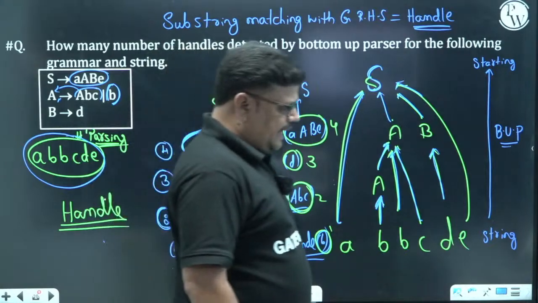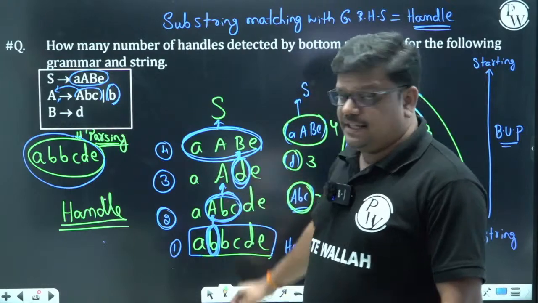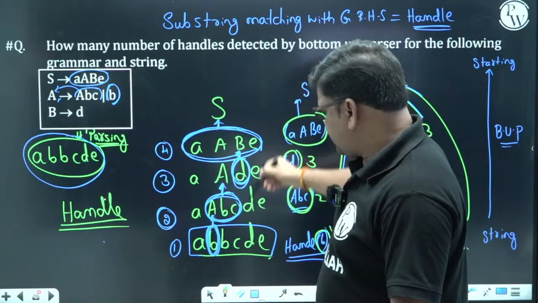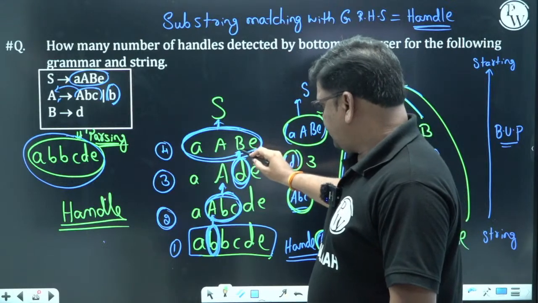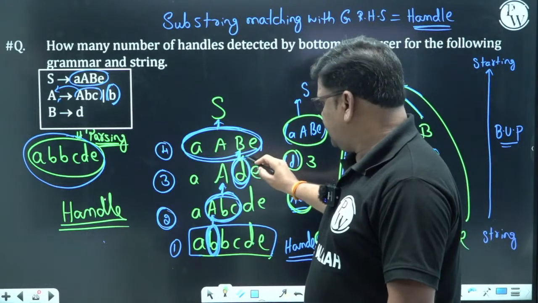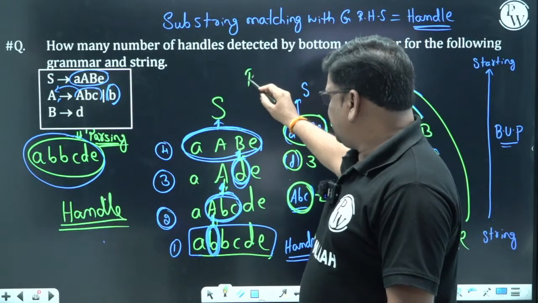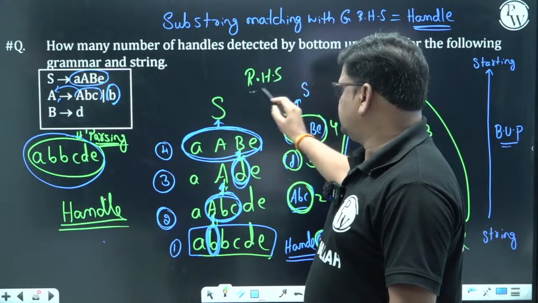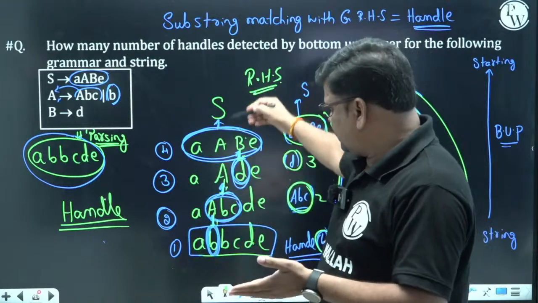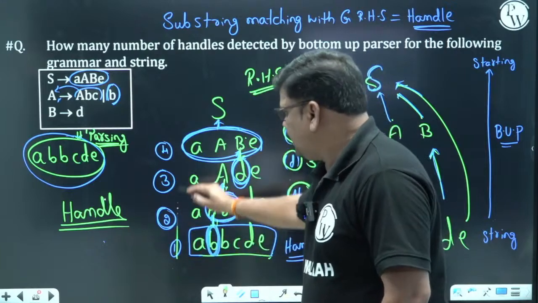Whenever we are using this handle concept, if you observe from the derivation point of view, derivation means we have to start from this side. First, see this in a reverse way. First this is replaced, then this is replaced, then this is replaced. This represents a rightmost derivation. If you go in the derivation direction from the starting symbol onwards, it is nothing but a rightmost derivation, but we are doing it in reverse.